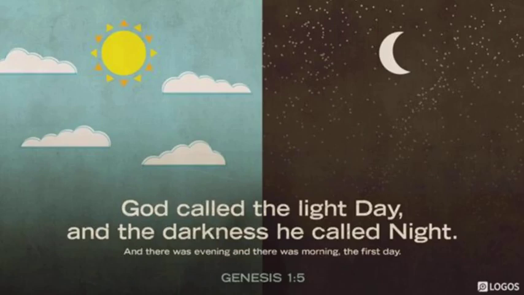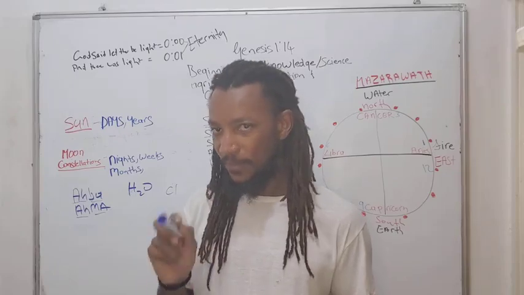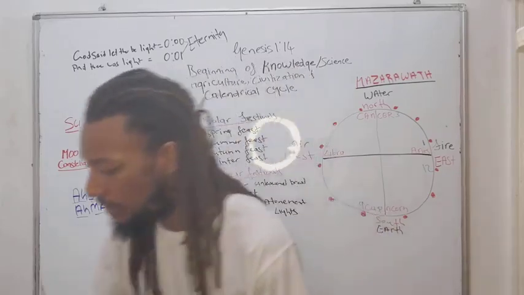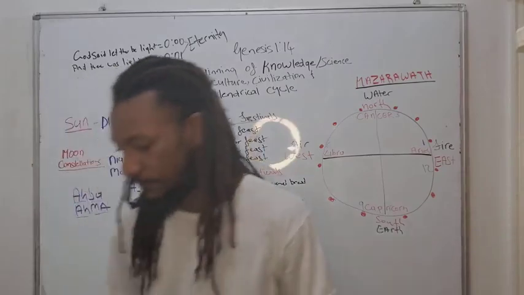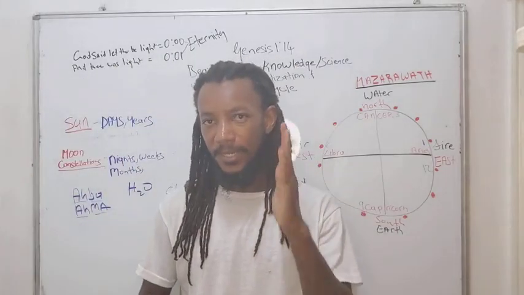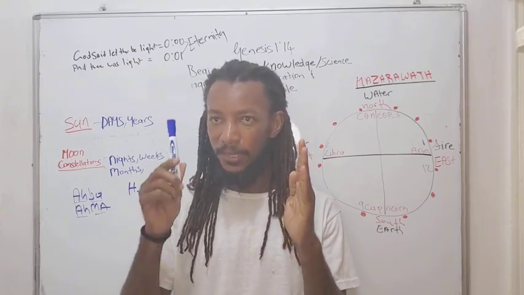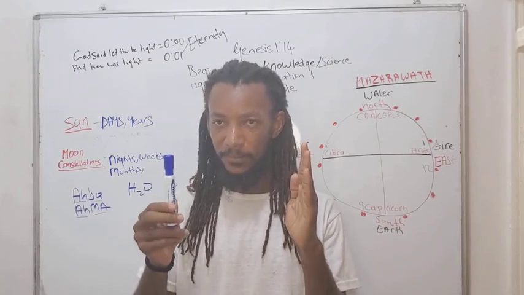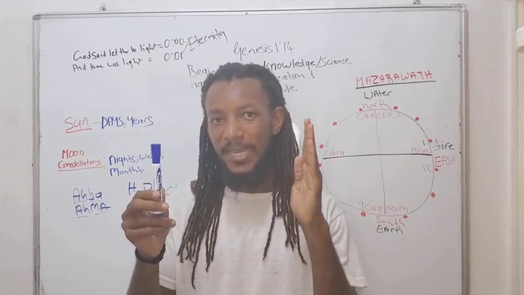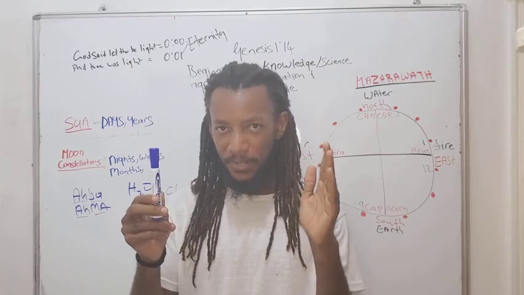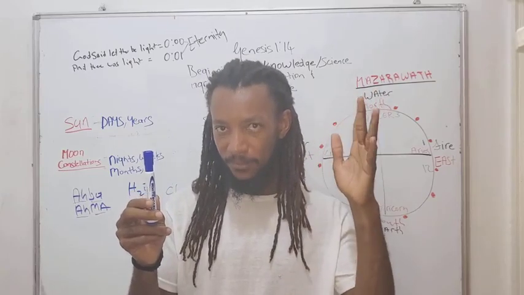So he says, "And God called the light day, and the darkness he called night, and the evening and the morning were the first day." Now this is very important. He called the light day, and he called the darkness night. He says, the evening and the morning were the first day.